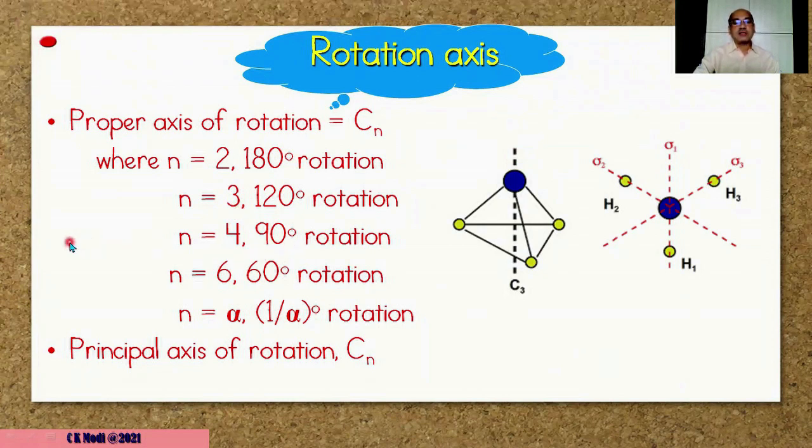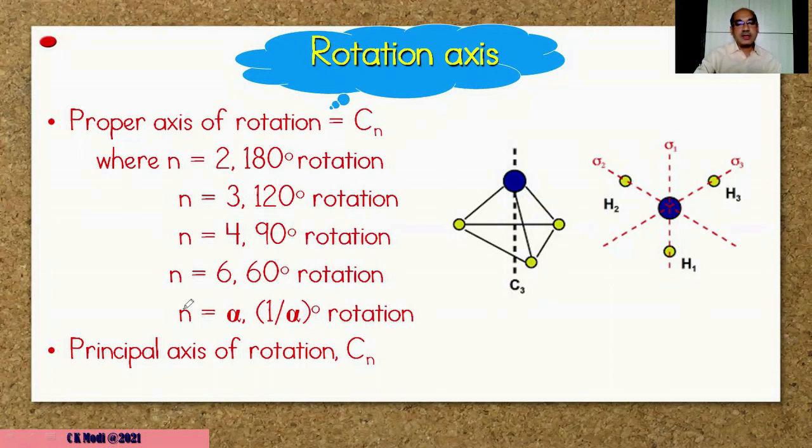In the same way, if I perform 90-degree rotations on a square planar molecule, after 90-degree rotations we get the equivalent structure. I will show you later on. In the same way, the benzene structure. In the benzene structure, all the corners are occupied by carbon atoms.